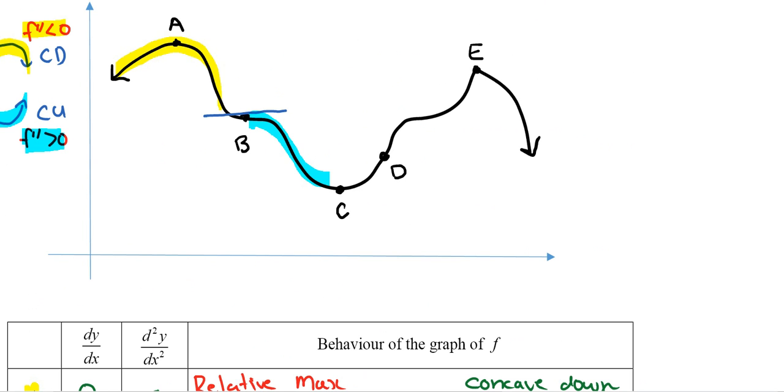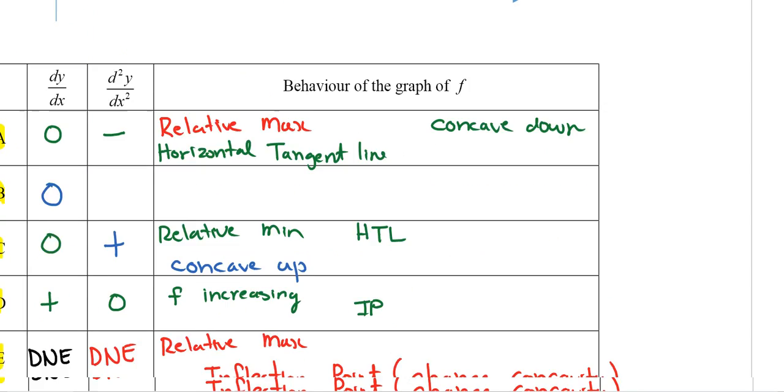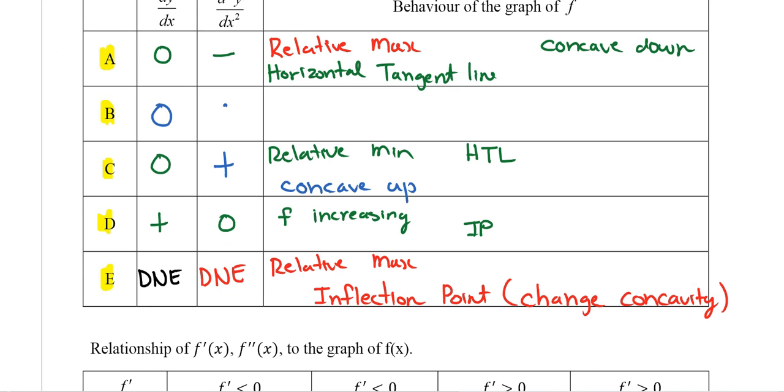So I do change concavity. Since I'm changing concavity, that means my second derivative here has to be equal to 0, because I have an inflection point. So for B here, my second derivative is going to be 0. So I'll say that f has a horizontal tangent line, and that also implies that I have an inflection point.